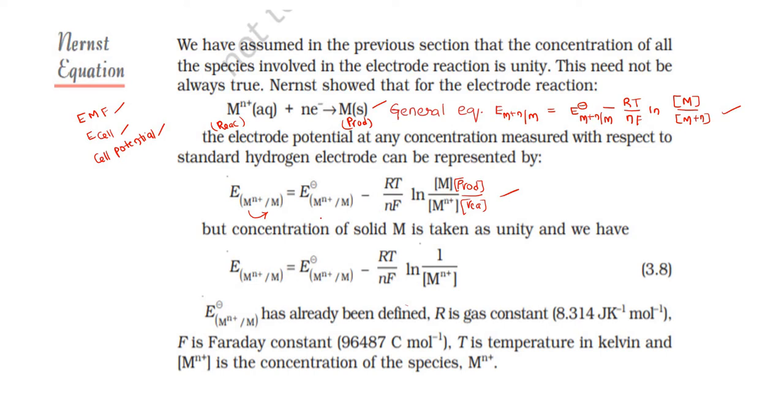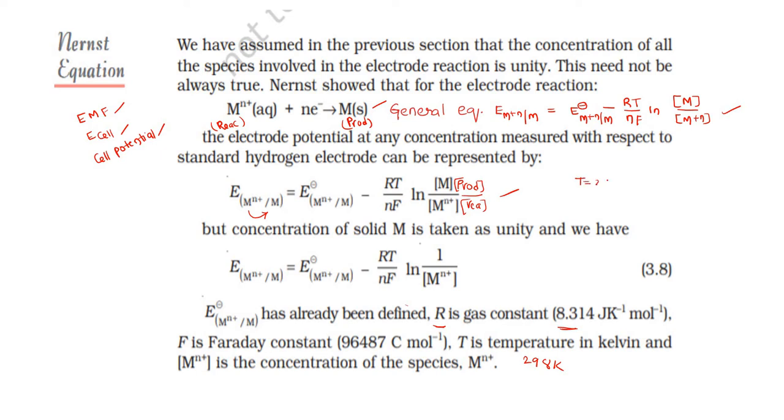Now you know the R value. R is a gas constant. That value is 8.314. Now temperature here I am maintaining at 298 Kelvin.